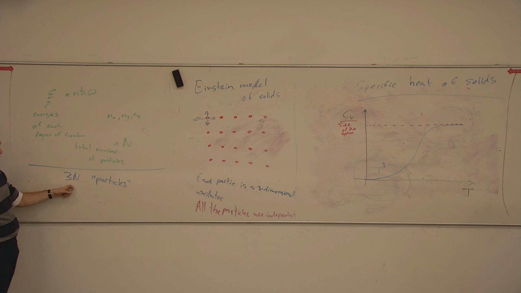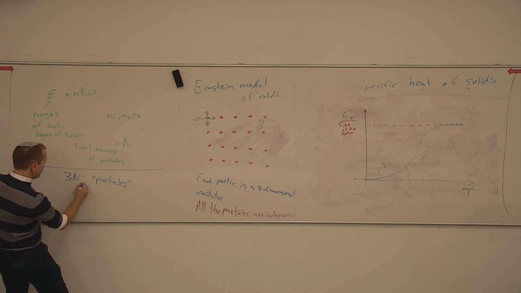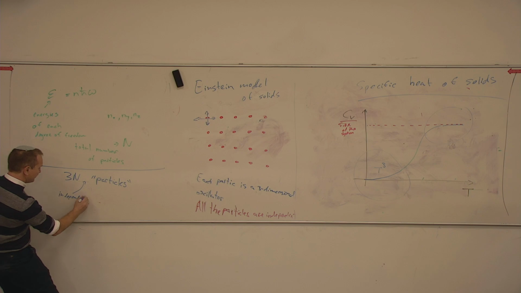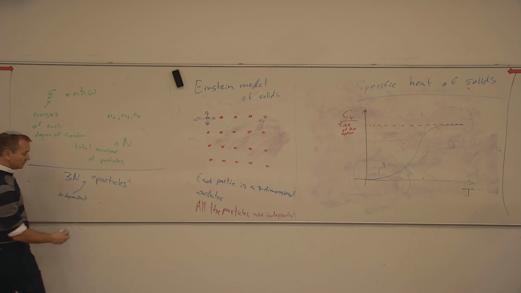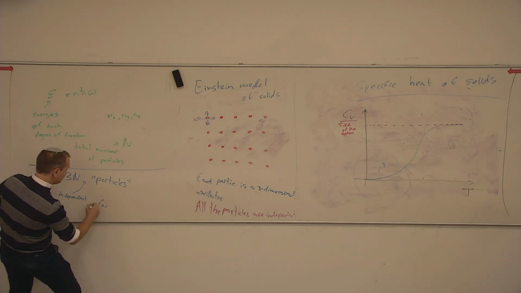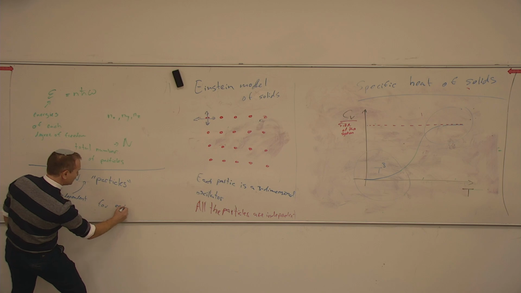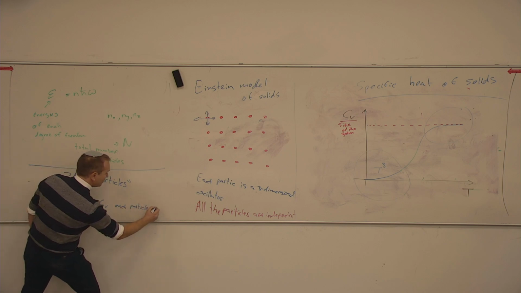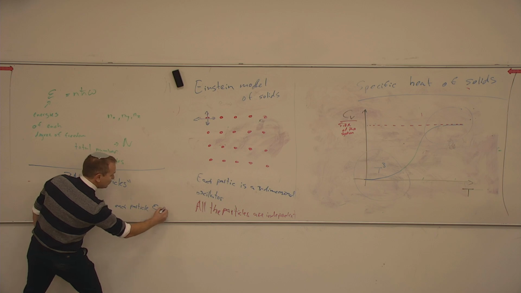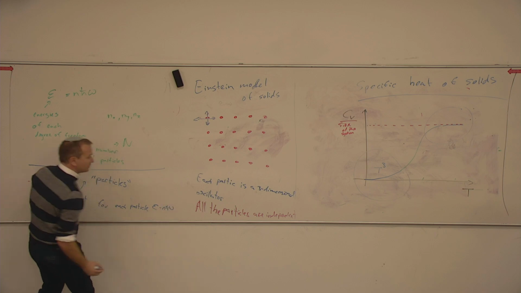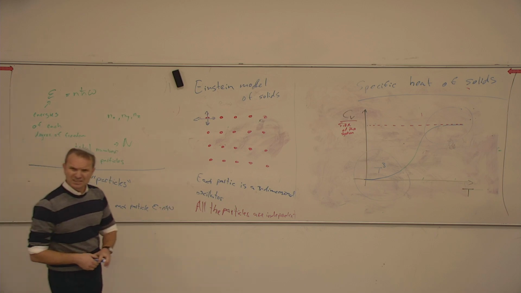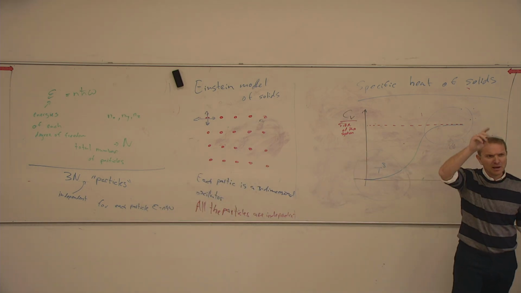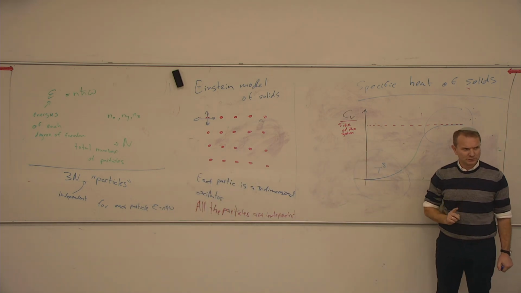So we have 3N independent particles, and for each particle, the energy equals n h bar omega. Okay? So it's very similar to the two-level system, but it's actually an infinite number of level systems for each particle.